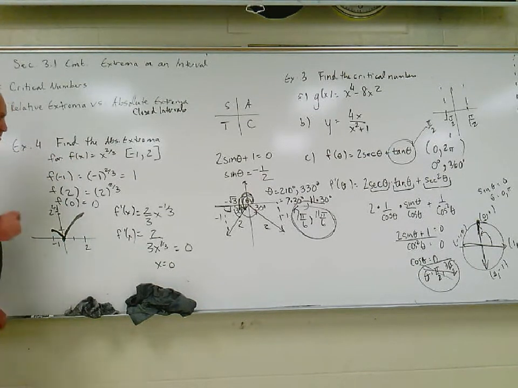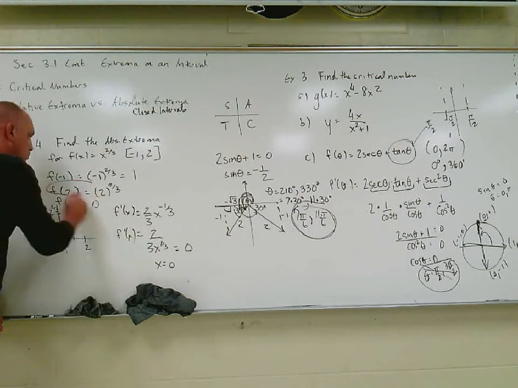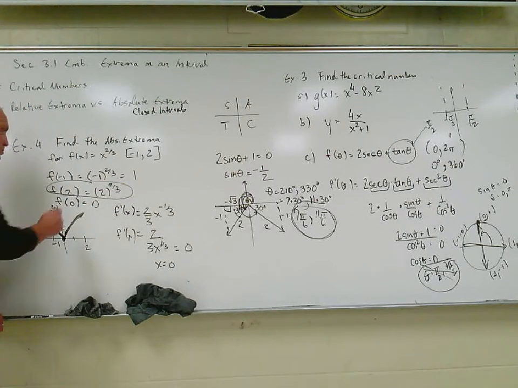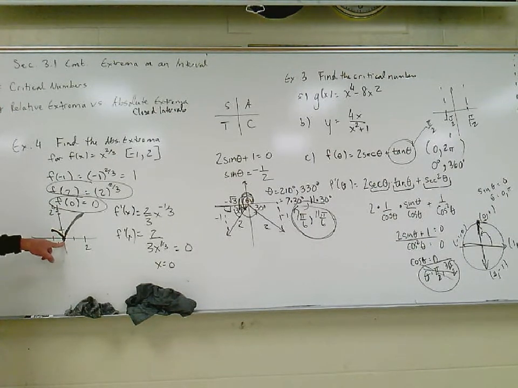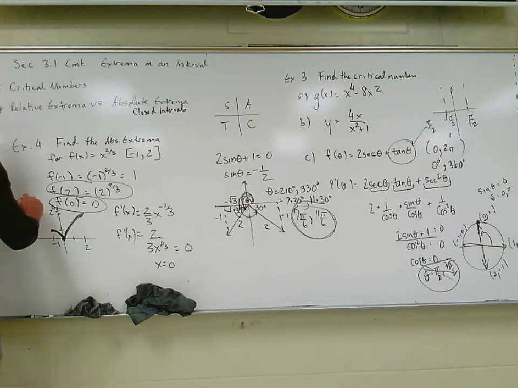So which of these numbers is your maximum? 2 to the 2/3. Which of these is the minimum? 0. Don't forget how to do that. So in this case, since it's a closed interval, this is your absolute min, and the other one is your absolute max.